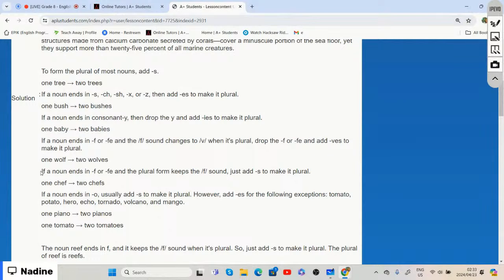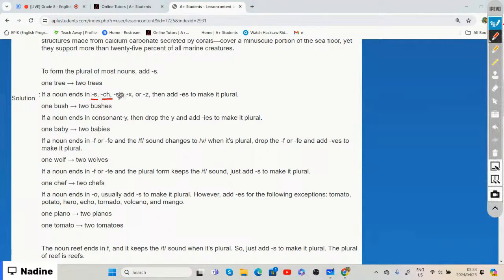But now, if our noun ends with either S, C H, S H, X, or Z, then we add an ES to our specific word.